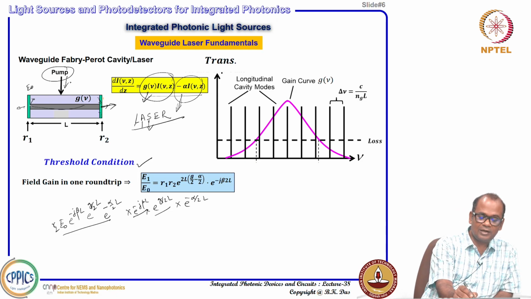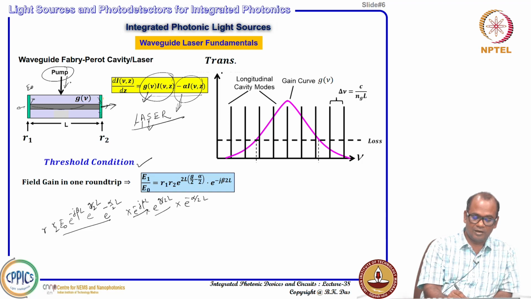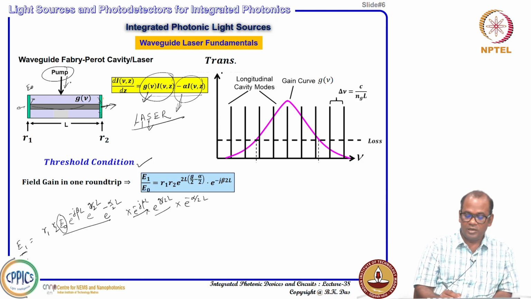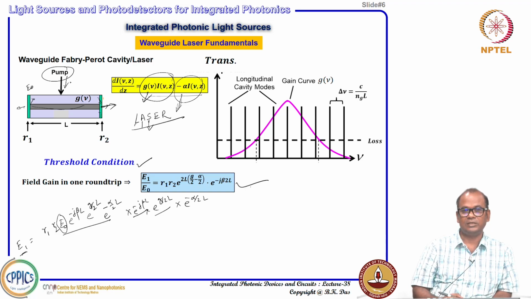After coming back here, again it will see reflection. So, we call this E 1. We started with E naught, and one round trip gives you E 1. If I take E 1 by E naught, that is what this expression is. You just simplify this and you will get this.